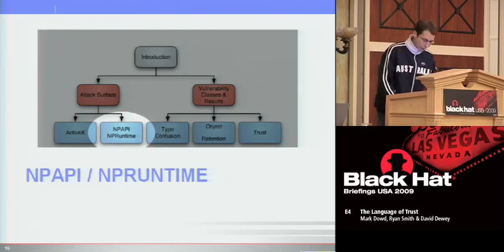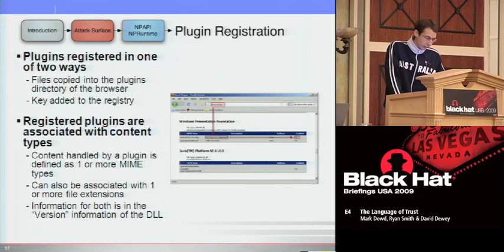Okay, I'm just going to go over the NPAPI runtime and the NP runtime, sorry. So with the NPAPI, plugins are registered in one of two ways. Basically, you can copy the plugin into the browser's respective plugin directory, or you can add a key to the registry. It sort of depends on which browser and all that kind of stuff, but essentially, we document that more thoroughly in our paper.